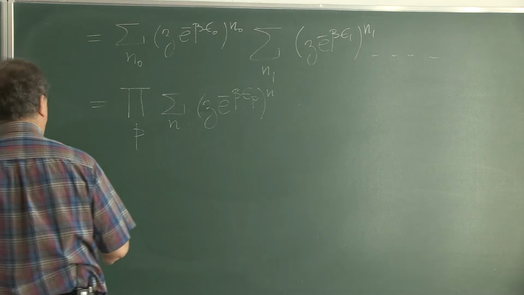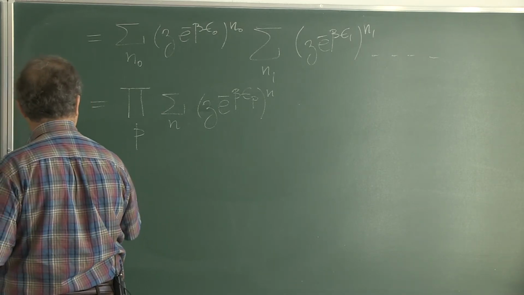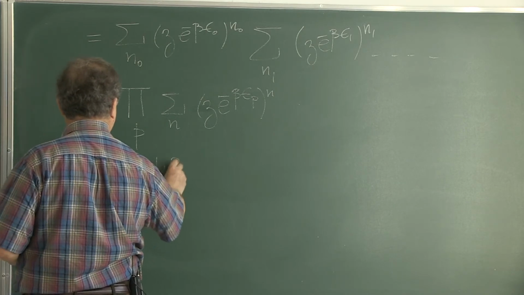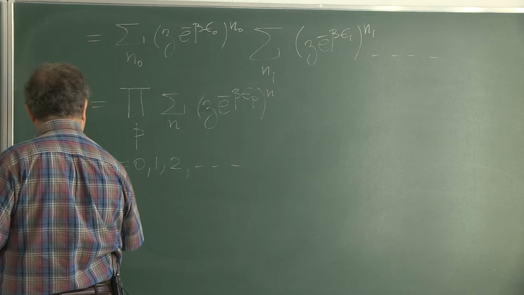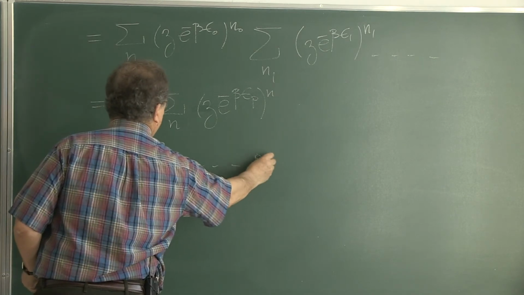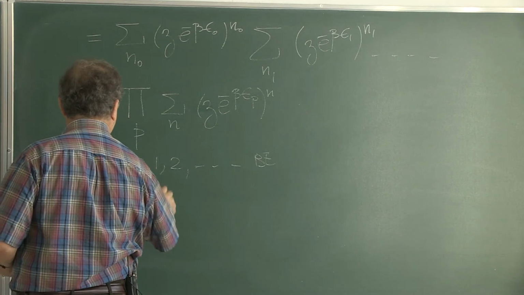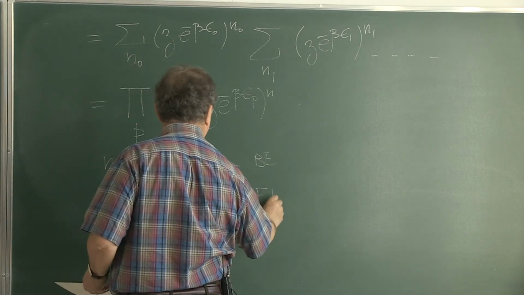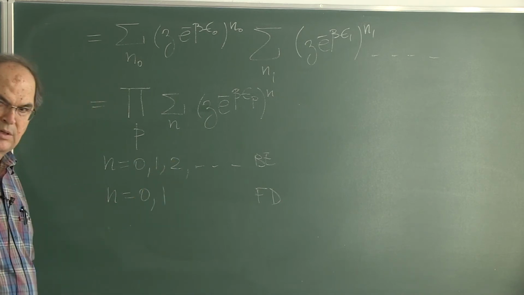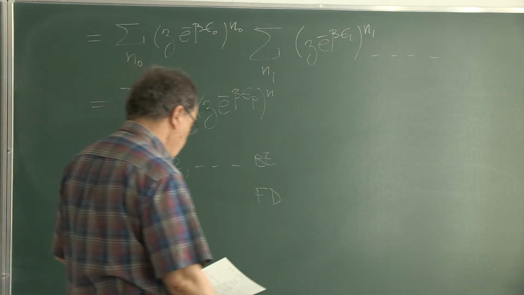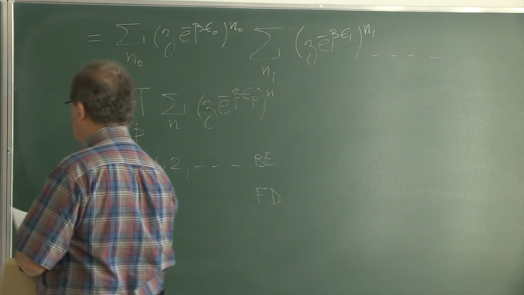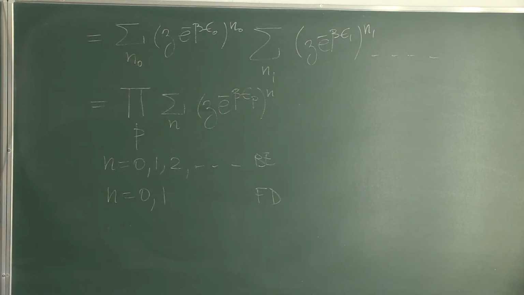So, this means then, for bosons, where this could be any integer, for Bose-Einstein, let's say, for fermions, it could be 0 and 1 only, Fermi-Dirac. We can do that sum very easily. So, here is the form of the partition function for bosons and fermions. Now, it is really simplified.